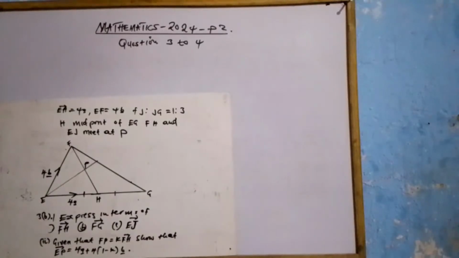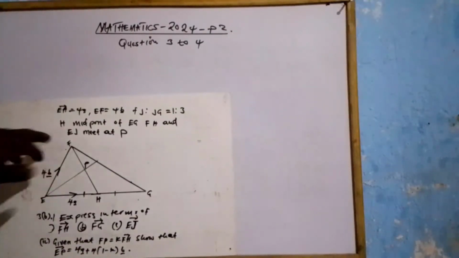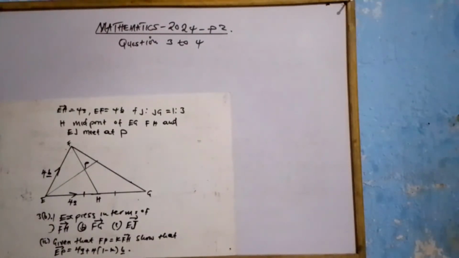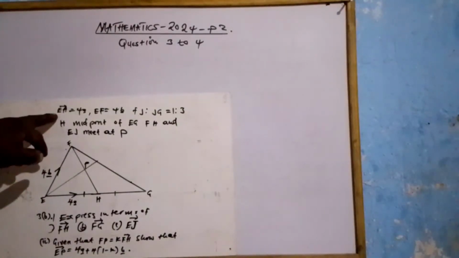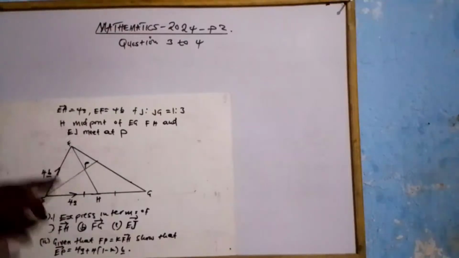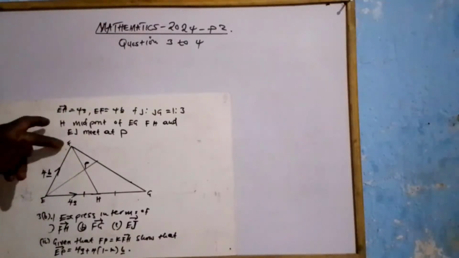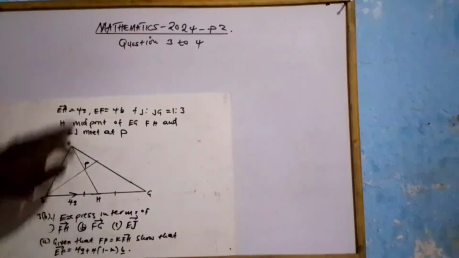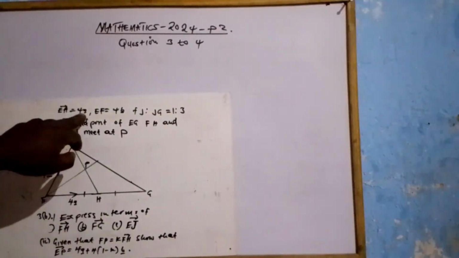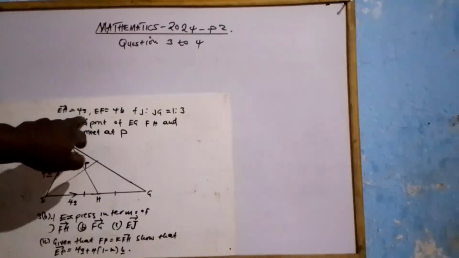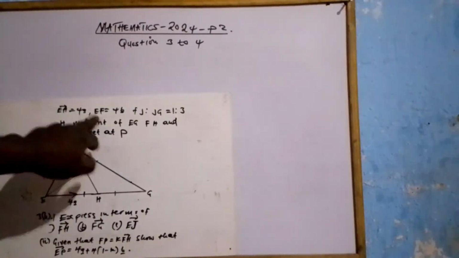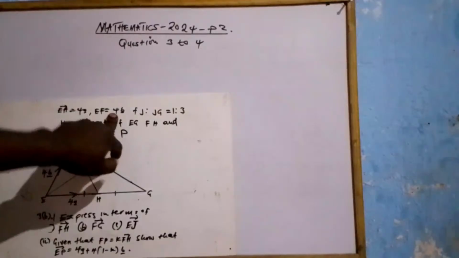Because there were some issues which I went through, let's read the question. It is 4a, a vector, and for EF we have 4b.